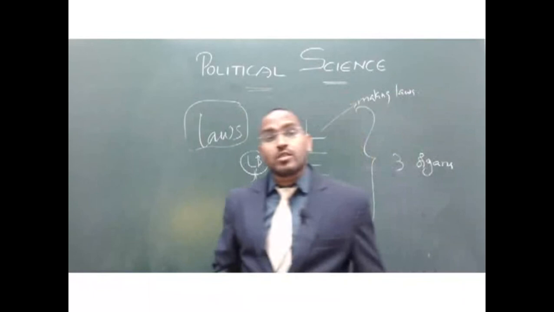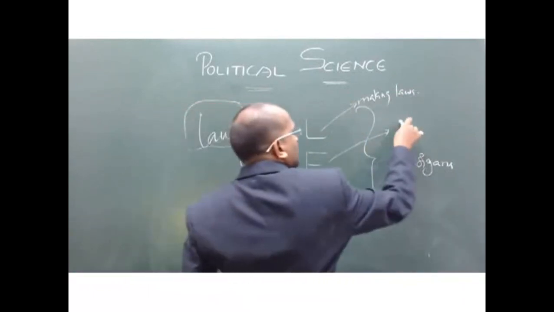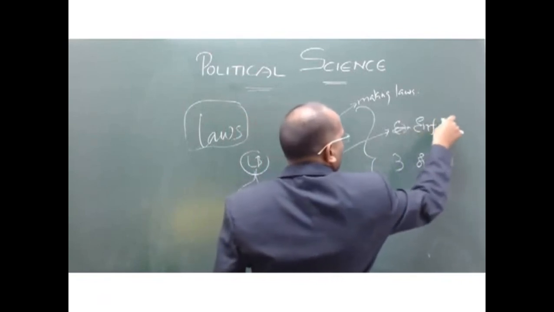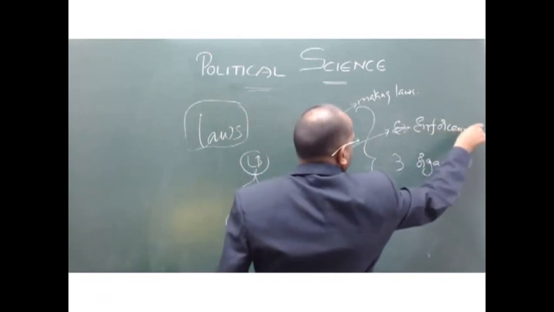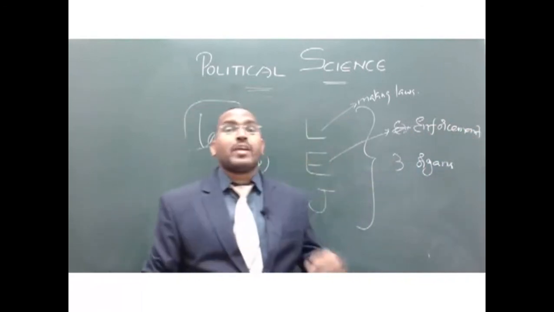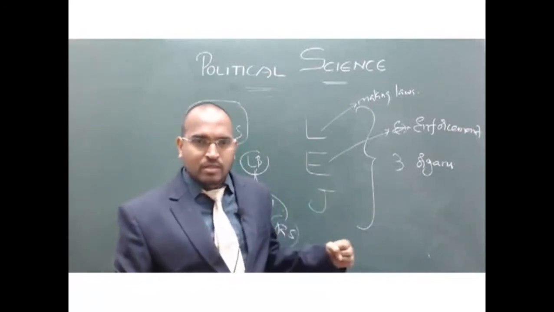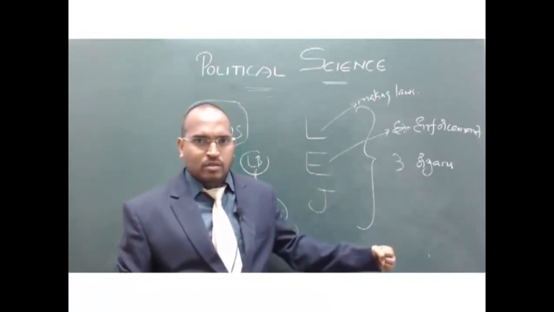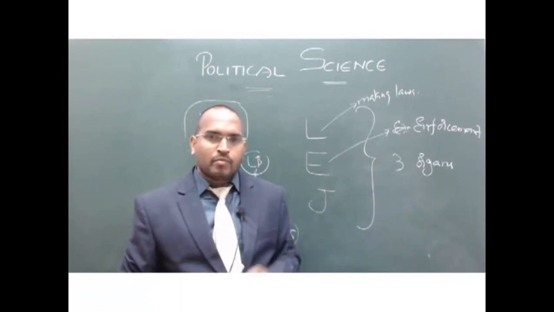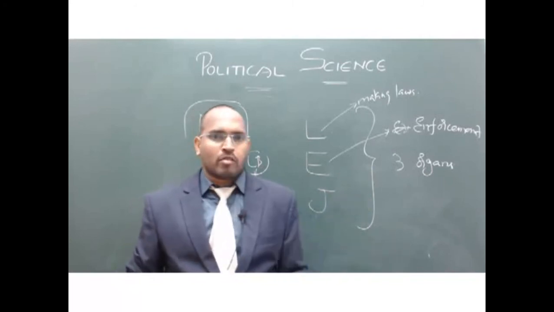Who will enforce those laws? That is the executive. The executive will enforce the laws. For example, if an IAS officer is there, he will implement those laws. The legislative members, the members of parliament or the state government, that is the assembly members, will make the laws at the central government or in the state government.